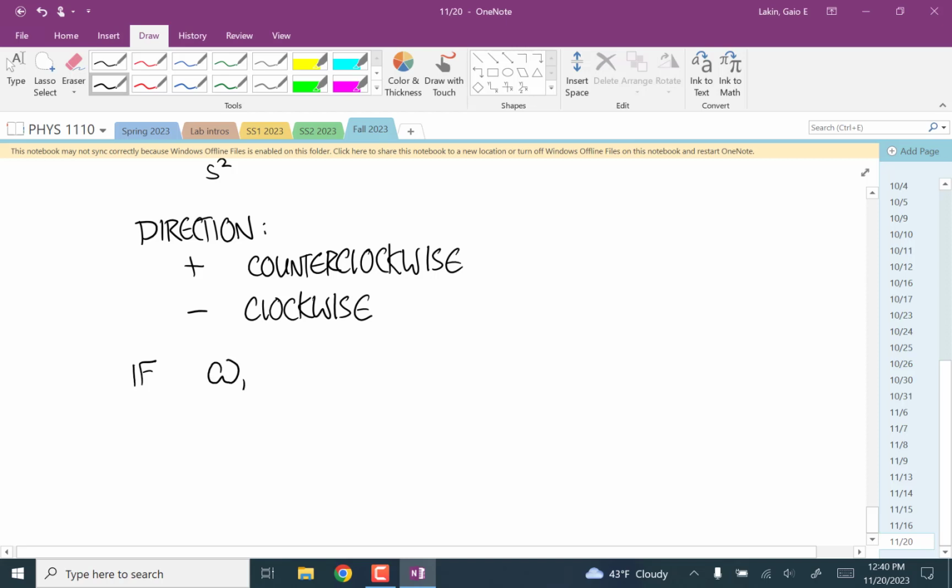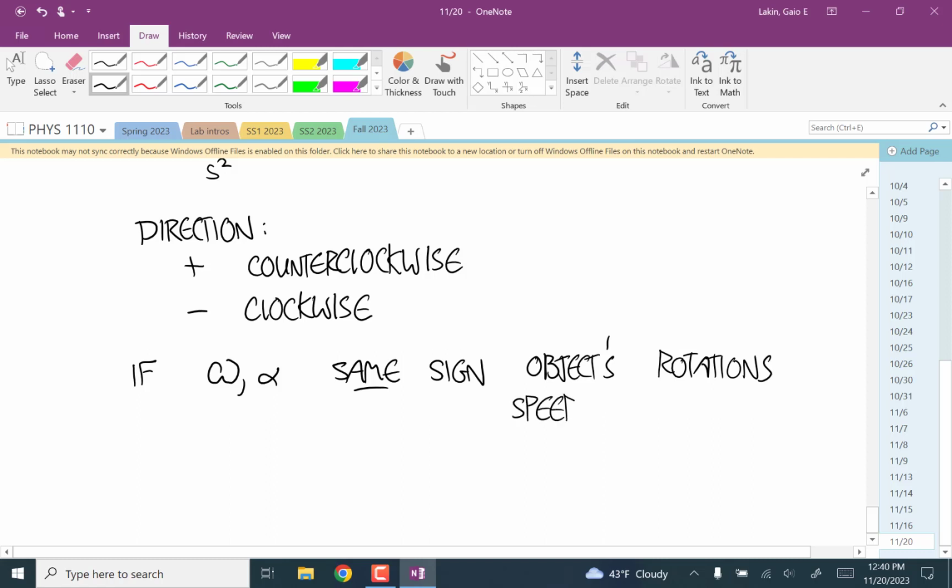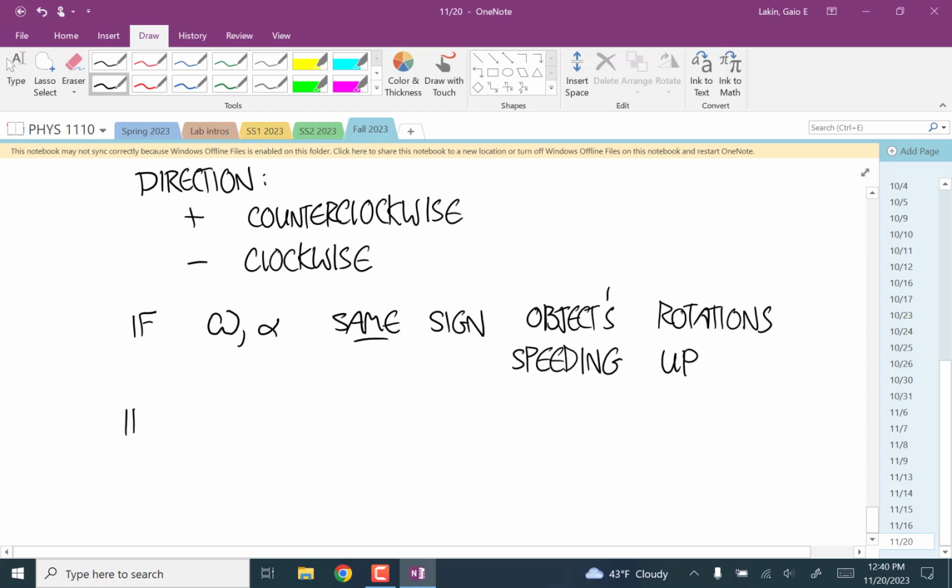If the angular velocity and angular acceleration have the same sign, what do you think I'm going to say? It's speeding up. So the object's rotations are speeding up. And if the angular velocity and angular acceleration have opposite signs, the object's rotations are slowing down.